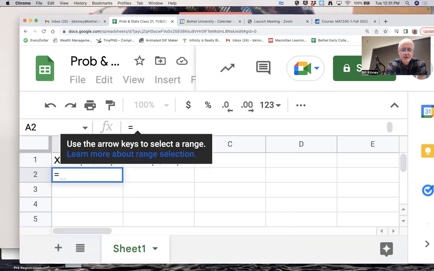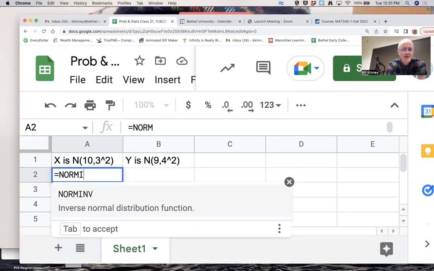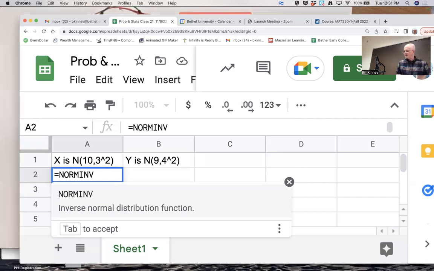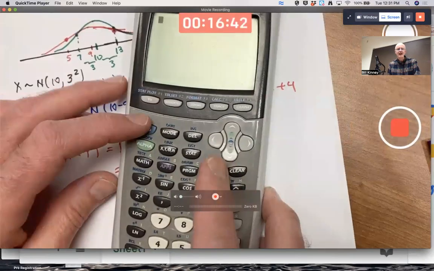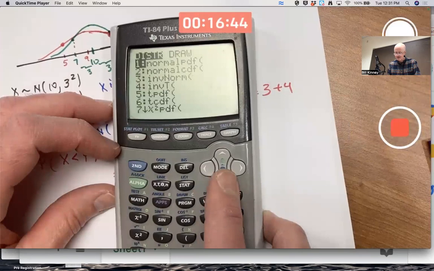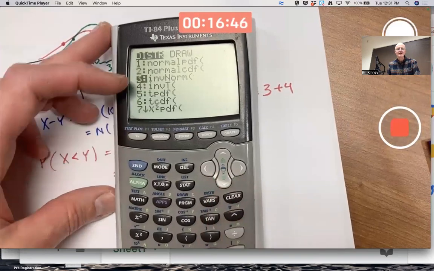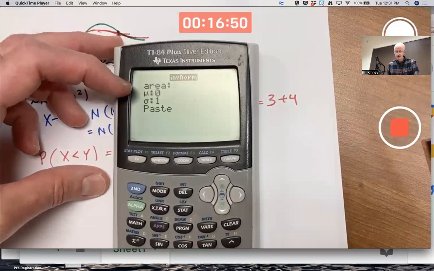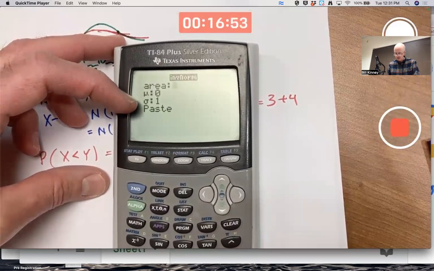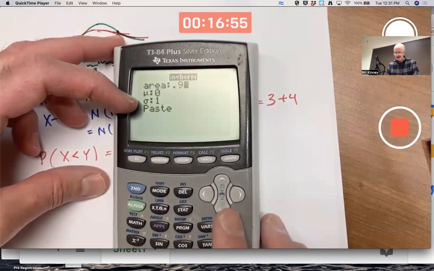Well, it's with a creative use of RAND and NORMINV, which NORMINV is essentially the same as the thing on your calculator that is inv norm. A calculator, inv norm, gives you a z value, at least if you use a mean of 0 and a standard deviation of 1, when you know the CDF value, say 0.9.